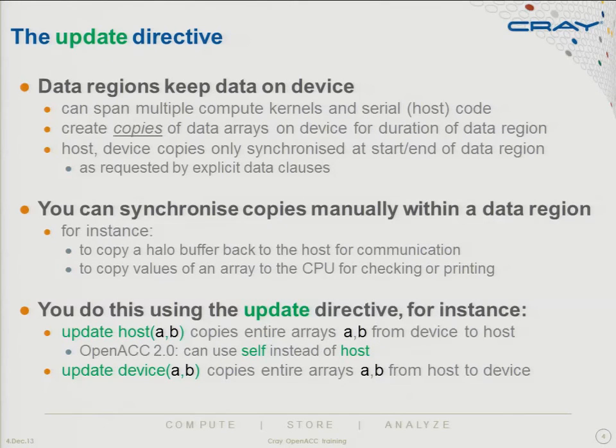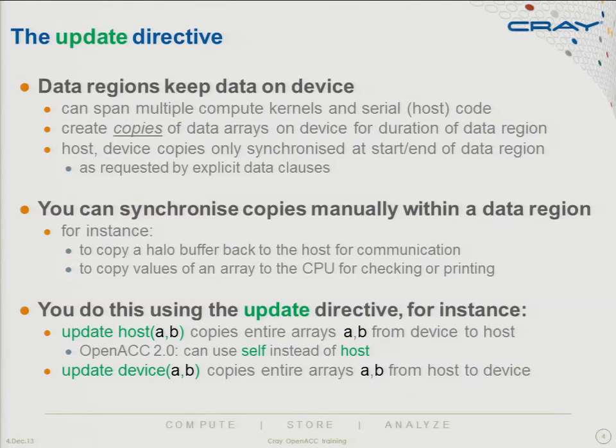And these are directives, hash pragma ACC, and then update host A, B. And what this will mean is that the arrays A and B, which are on the device, the GPU, will be copied to the host, which is the CPU. So host is telling you where they're ending up. And if you do want to copy them from CPU to GPU, you say update device A, B. It's just a comma-separated list of arrays.